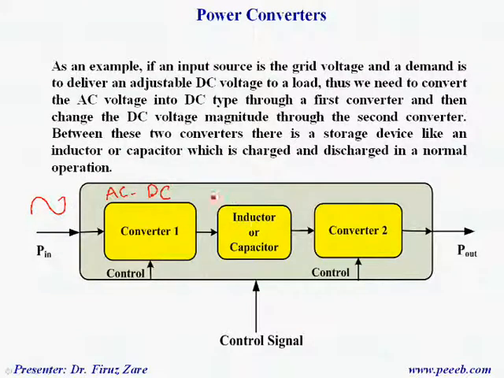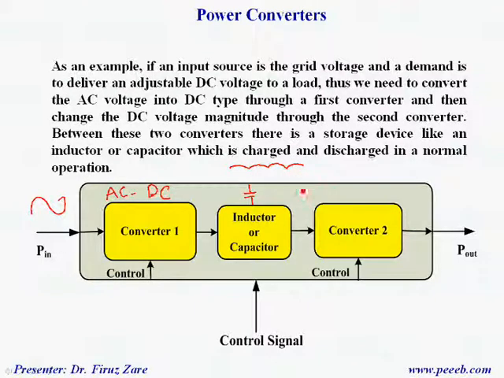What we get here is DC voltage. If we have a capacitor here, the voltage across the capacitor is almost like this voltage waveform, but that voltage is not suitable for different applications. So now we need to have another converter.